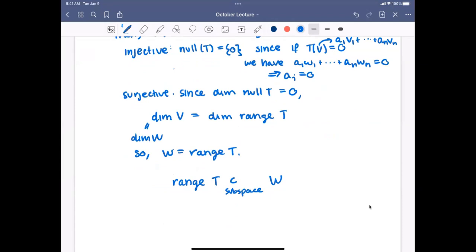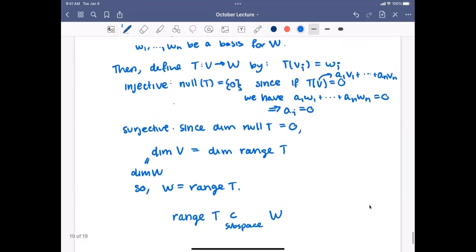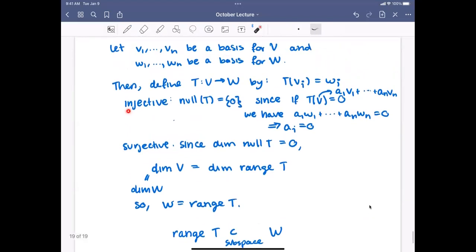Other questions? Yeah. Just clarifying why these are zero. So going back to here, I can write any element of the vector space V as a linear combination of this basis. So if I apply T to such a thing, then I get a linear combination of the W's with those same coefficients that equals 0.